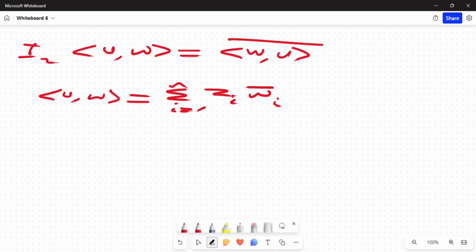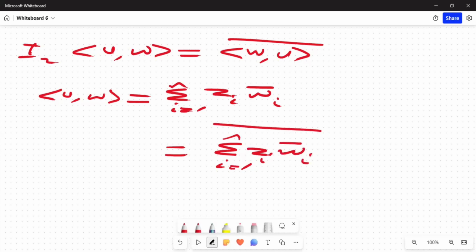So if you take the conjugate of this, it will be equal to summation i running from 1 to n of zi wi conjugate, conjugated.